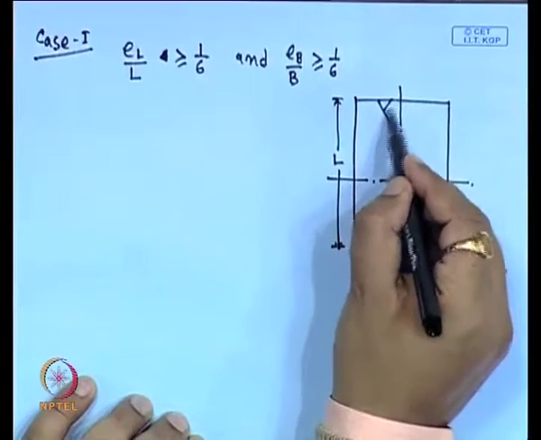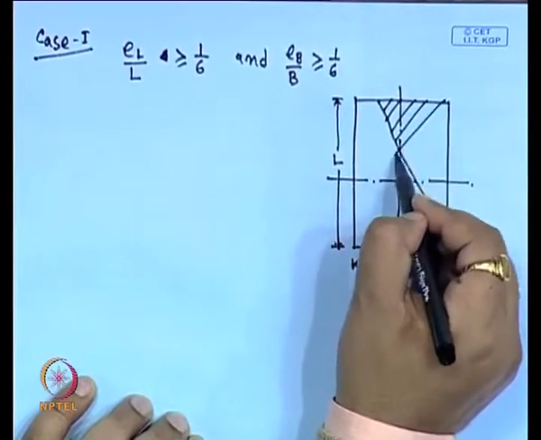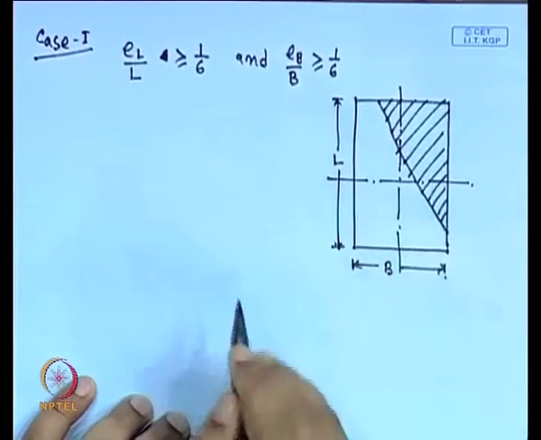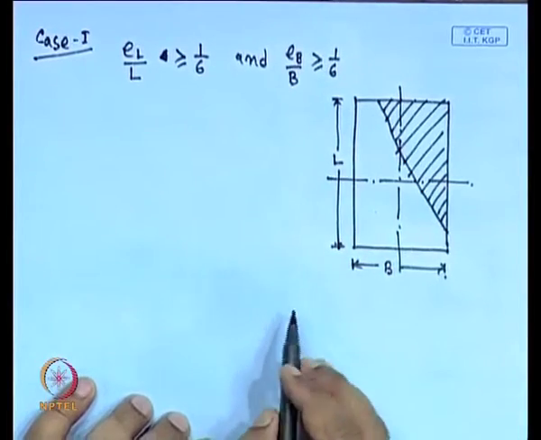So, this hatch zone will give us the effective area.